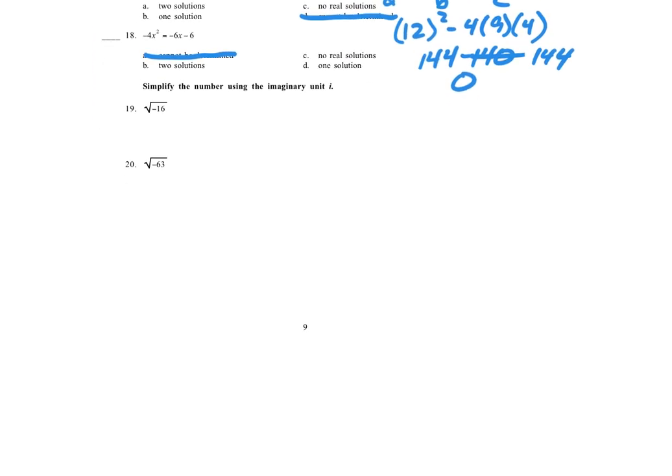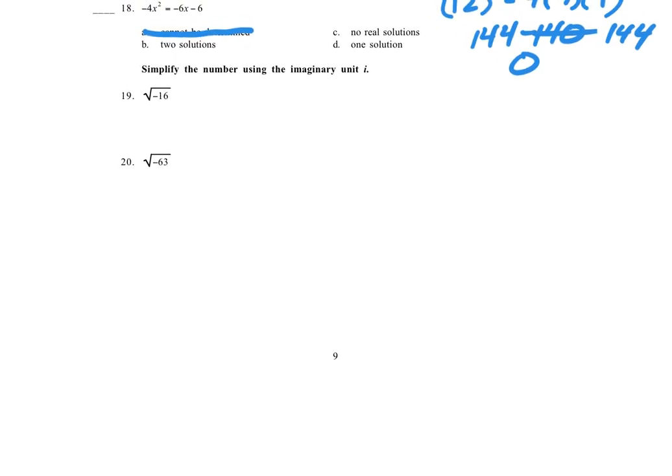Okay, and then the last two problems here, 19 and 20, you're going to write it as an i. We talked a little bit about this at the very beginning of the chapter. Let's do the harder one of the two. Okay, and I showed you a couple different ways that you could do this.